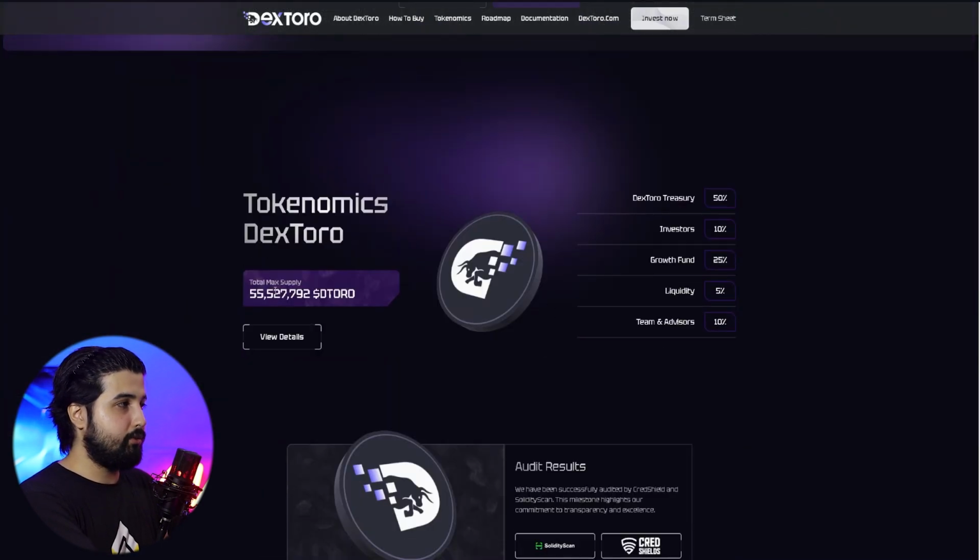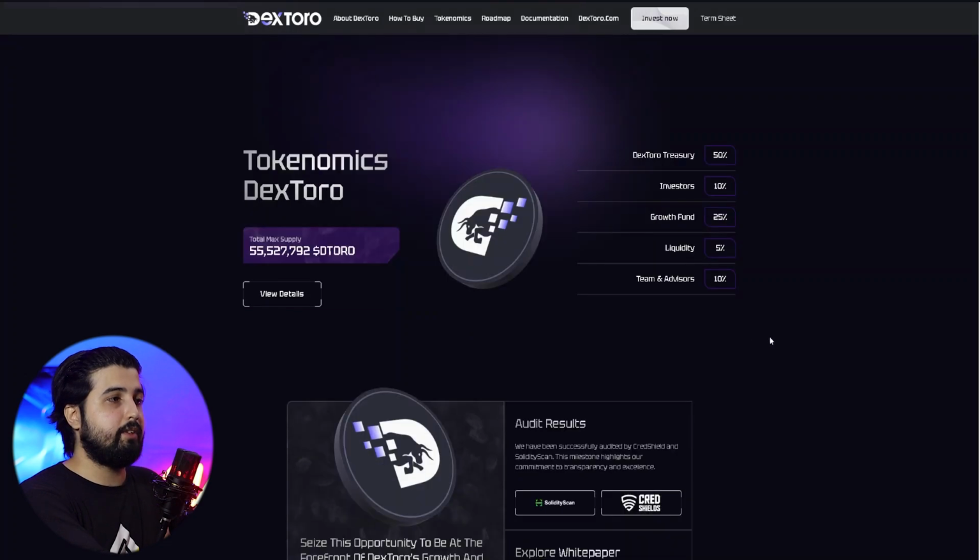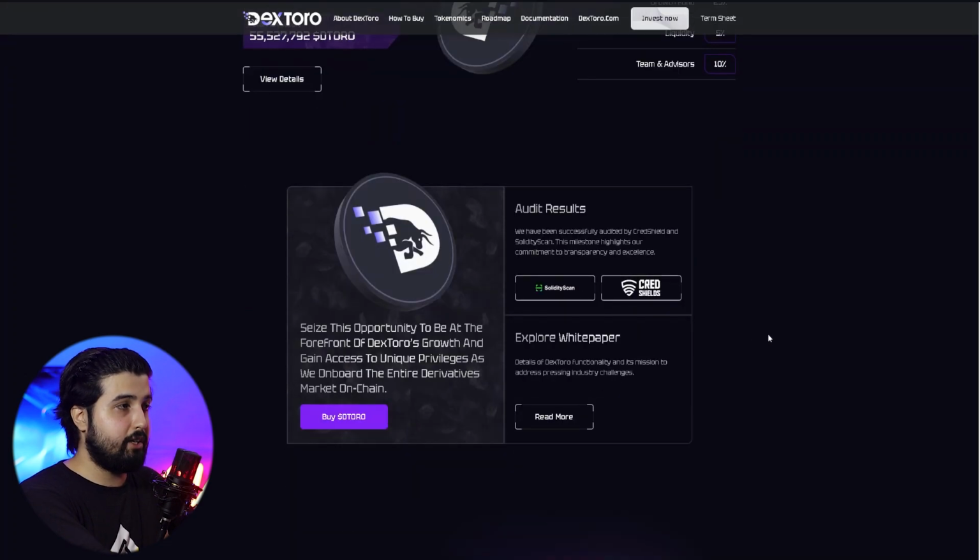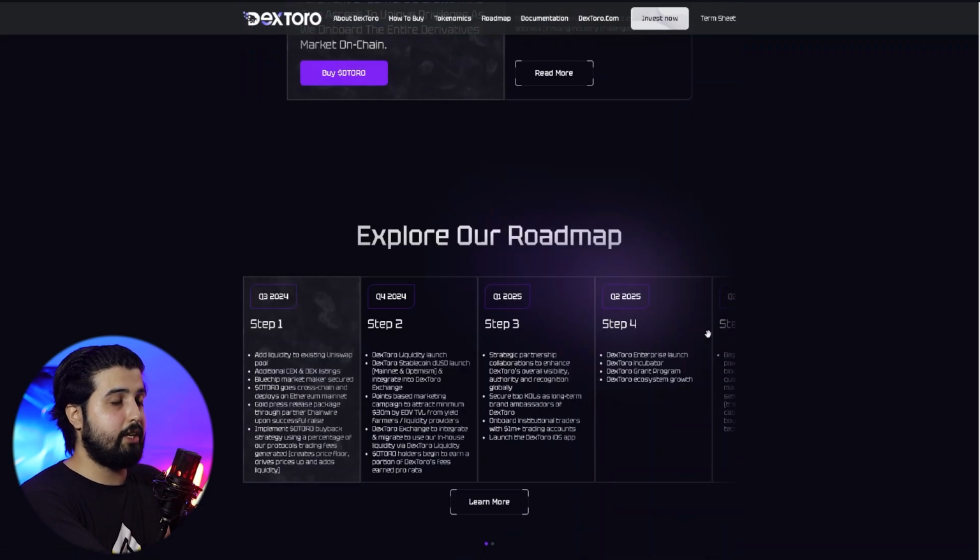If we talk about the tokenomics, we have a maximum supply of 55,527,792 DTOR tokens, which is not really a lot. And we have 50% for treasury, 10% investors, 25% growth fund, 5% liquidity, and 10% for team and advisors. These are the audit results to ensure safety and integrity of the project.